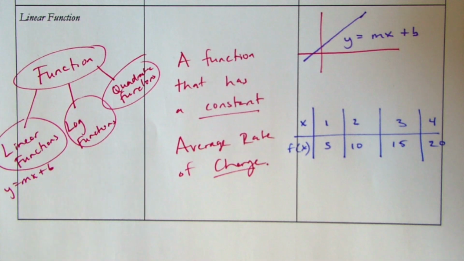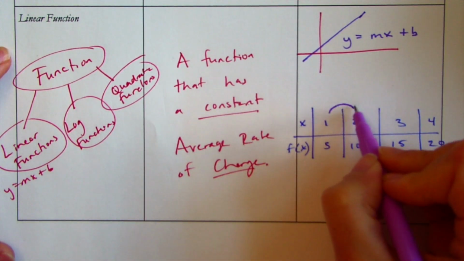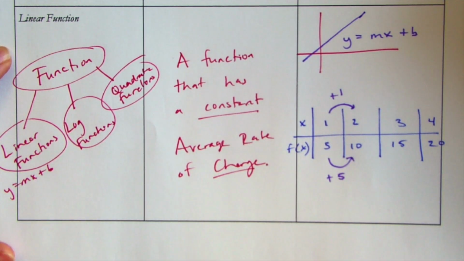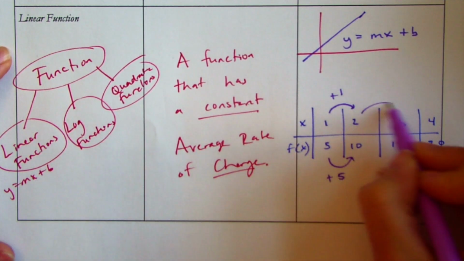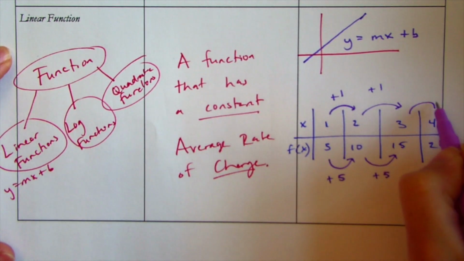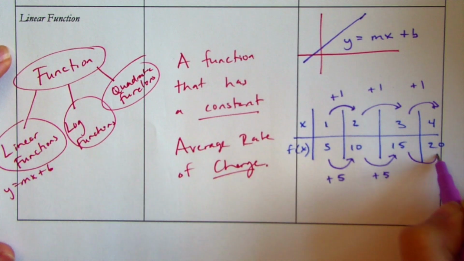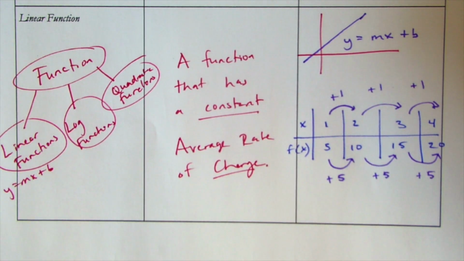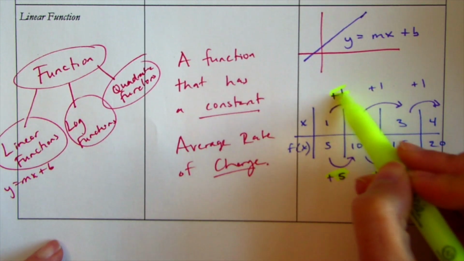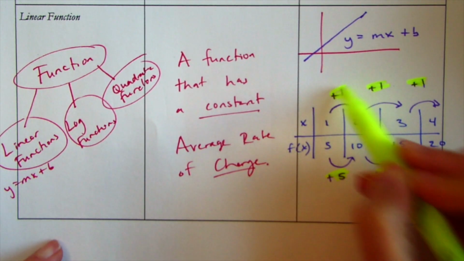So the key thing here is the rate of change in the table must be constant. What does that mean? That means here I'm adding 1. Here I'm adding 5. I'm adding 1 again. I'm adding 5 again. To get from here to here, I'm adding 1. To get from here to here, I'm adding 5. So the rate of change, how the table is changing, how the function is changing, is constant.